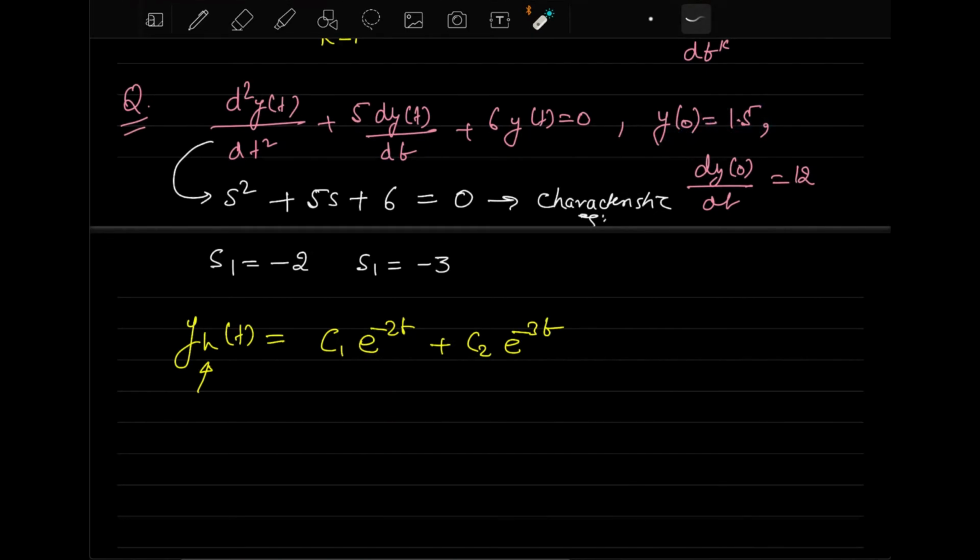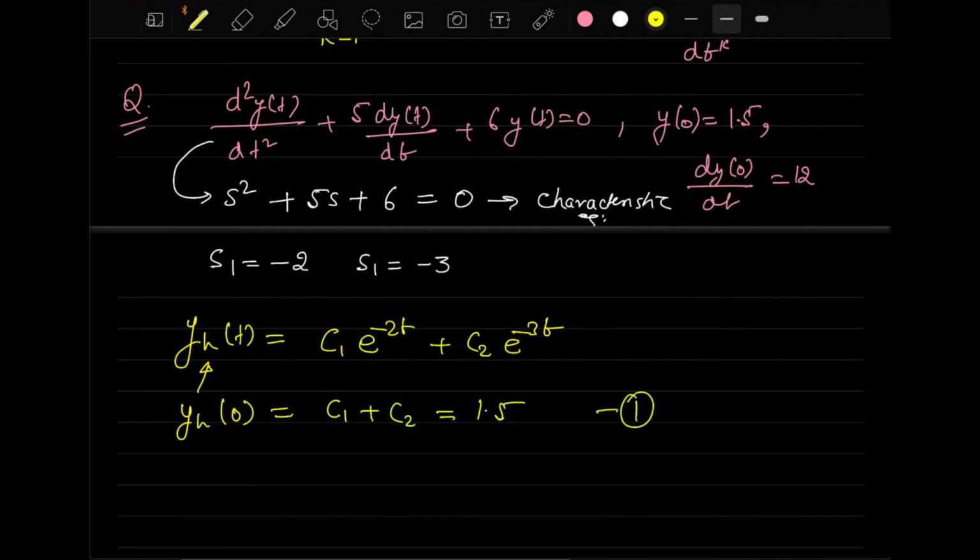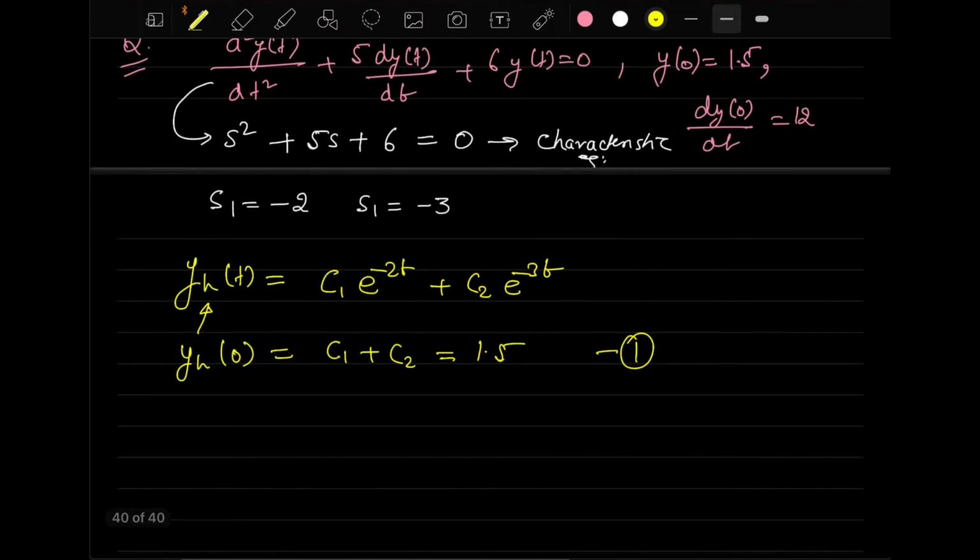So let's put that value here. If you put t equal to 0 in yh, the exponential terms become 1. So C1 plus C2 is equal to 1.5. This is the first equation. In the second equation, you take the differentiation, keep the value of t as 0, and put it equal to 12.